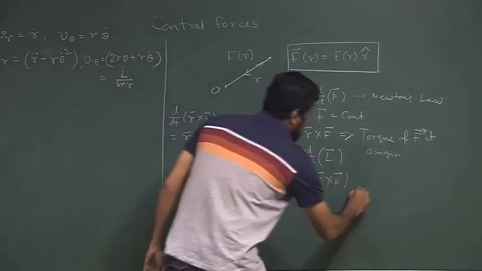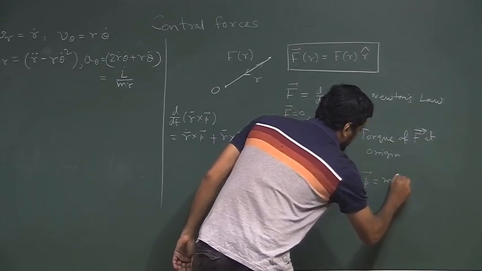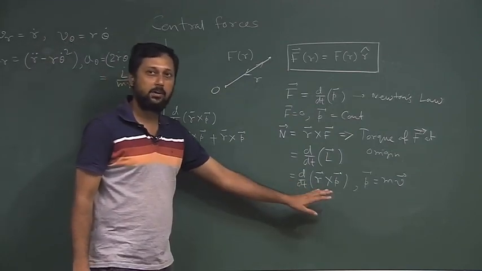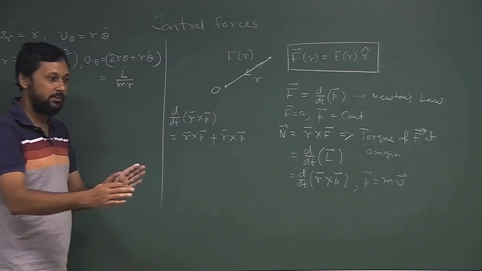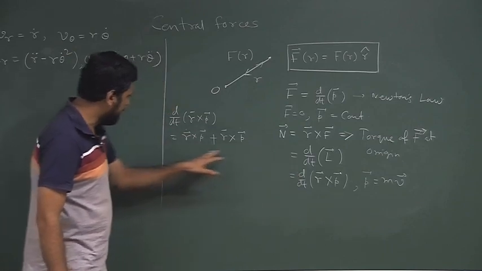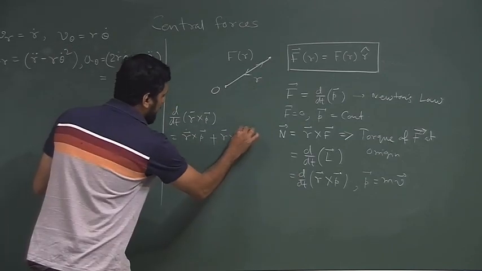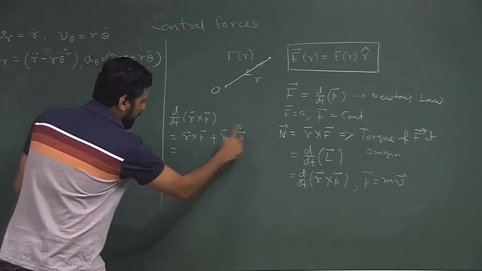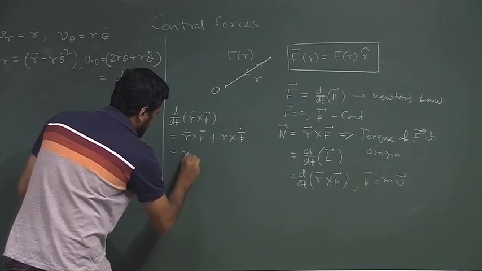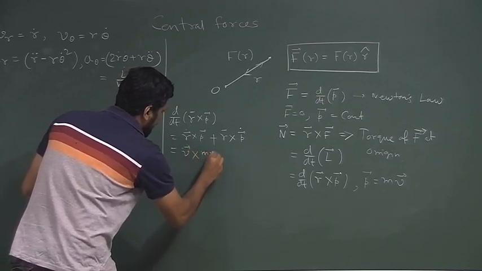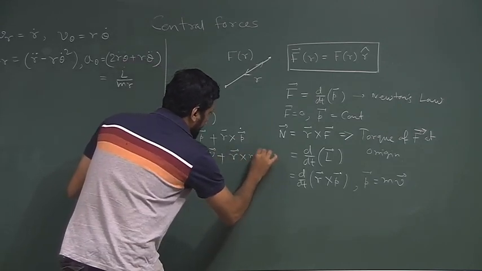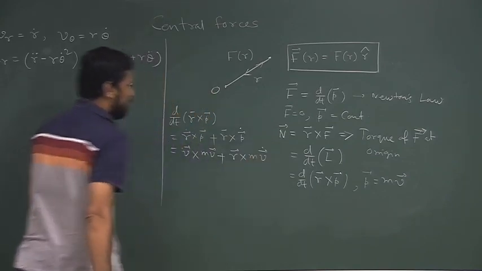Now, please remember p is equal to mv, assuming that the mass of the system is not changing. We are back in the description where mass is a constant, so there is no time derivative for the mass term here. So, p dot is m v dot, this is v, this is mv, this is r cross m v dot. So, there is no time variation of mass.